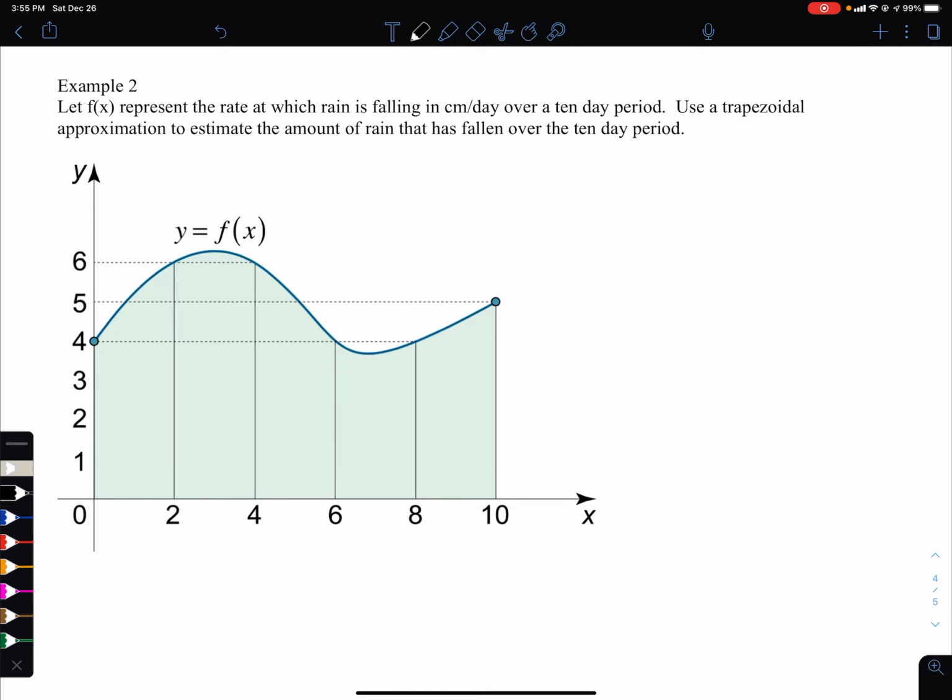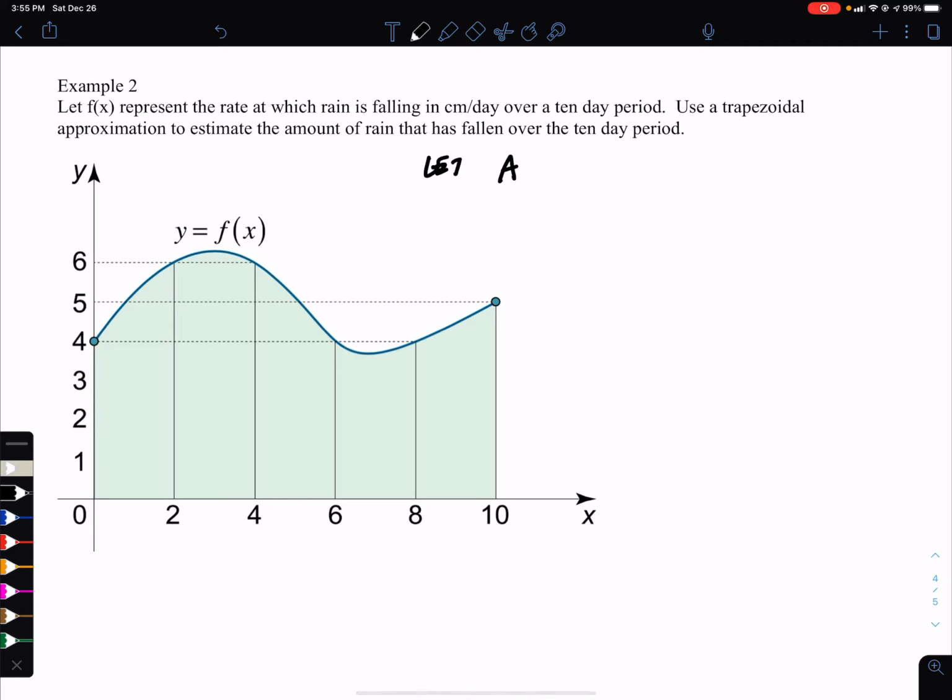You might be given a graph of a function. So f of x represents the rate at which rain is falling in centimeters per day. So this is a rate, meaning it's the derivative of the amount of rain. Okay? So this is an important concept.